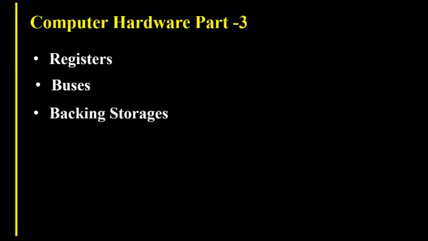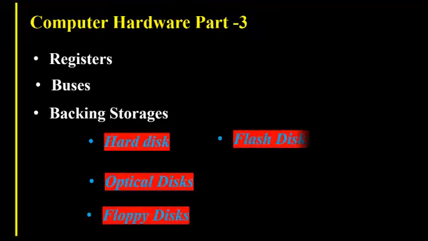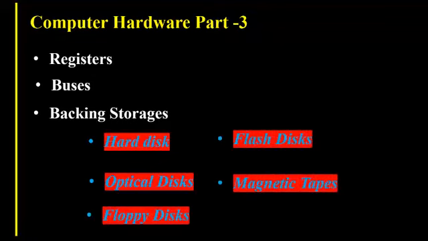We need to know what are the backing storages. Within backing storages, we are going to look at the hard disk, optical disks, floppy disks, flash disks, and also magnetic tapes.